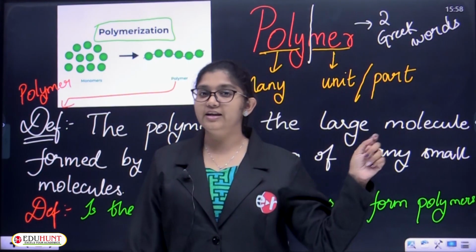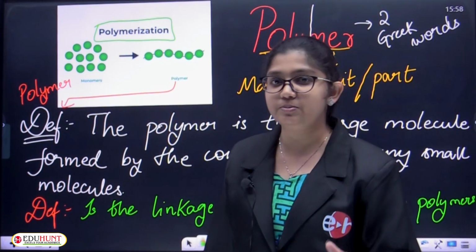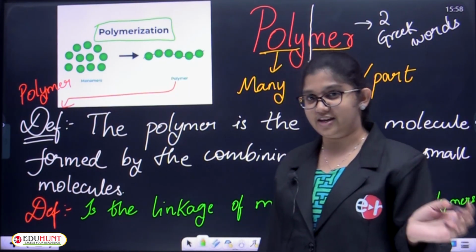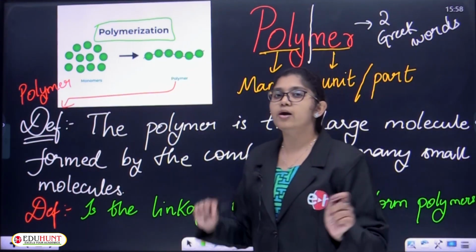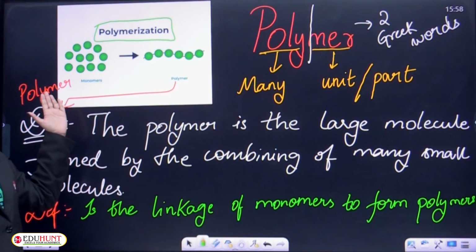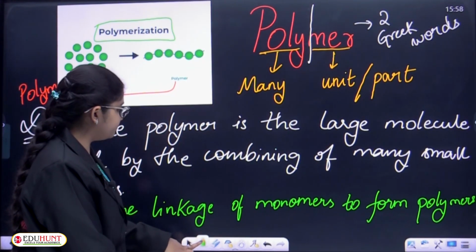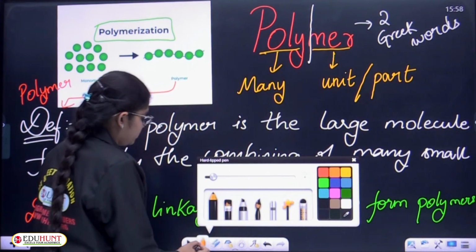And here the main topic is synthetic fibers. Synthetic fibers are polymers. Did you understand the word polymer now? It is the combining of many small molecules. Which molecules are these? Monomers are the small molecules. We can write here also: what is a monomer?